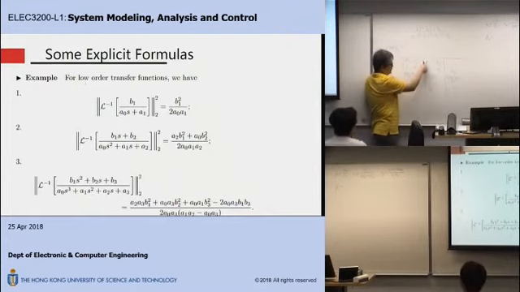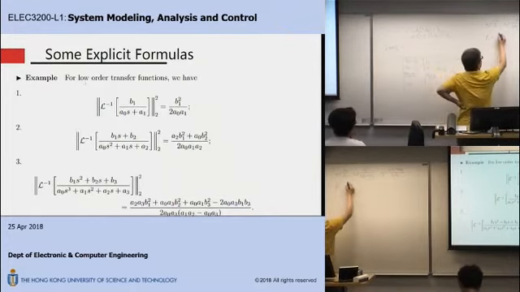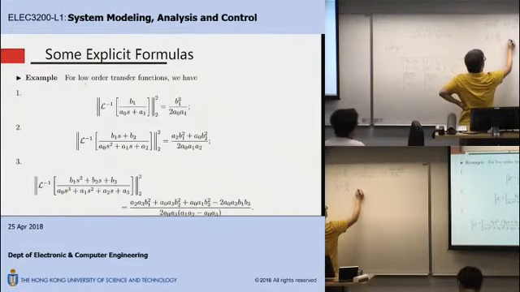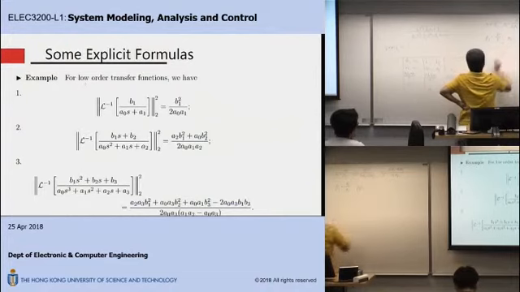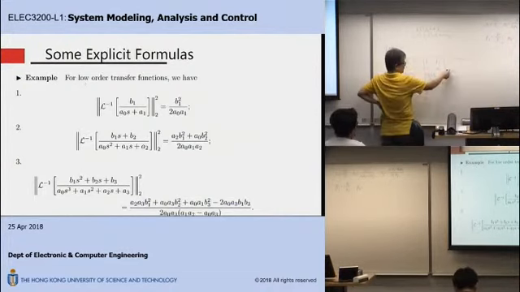Beta 1 is this divided by this, B1 over A1. Beta 2 is this divided by this.